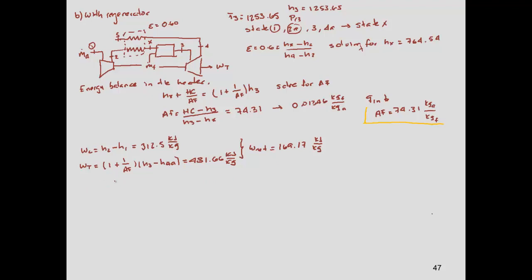And then we have our Q in, which will be HC over our new airflow, which will give us 594.36 kilojoules per kilogram.